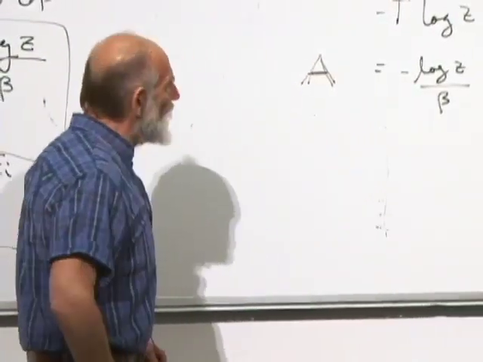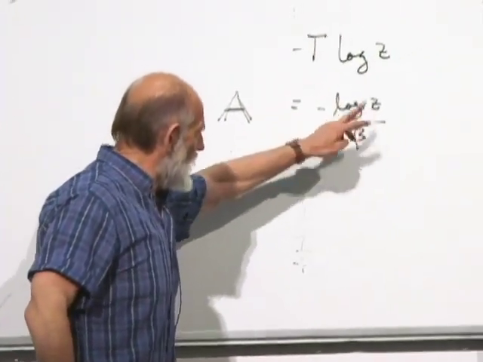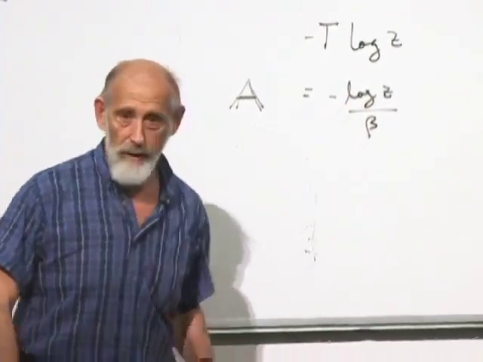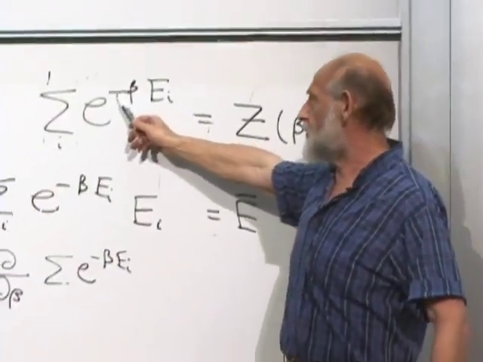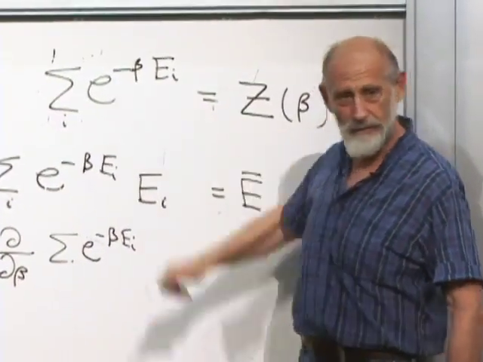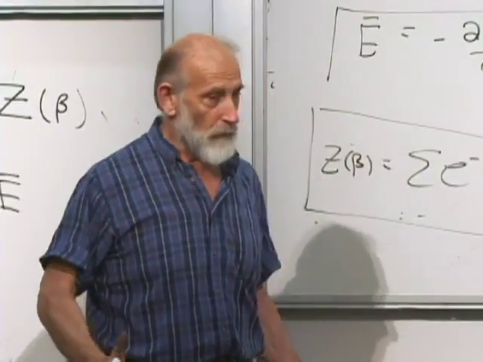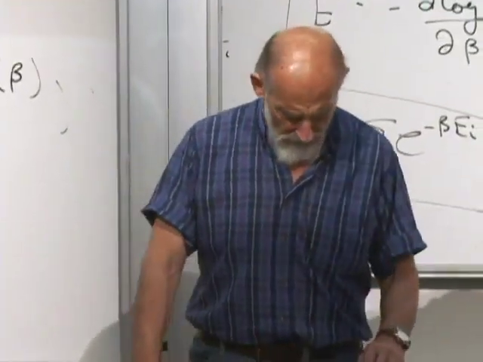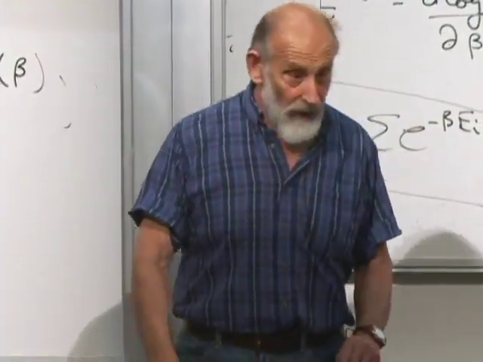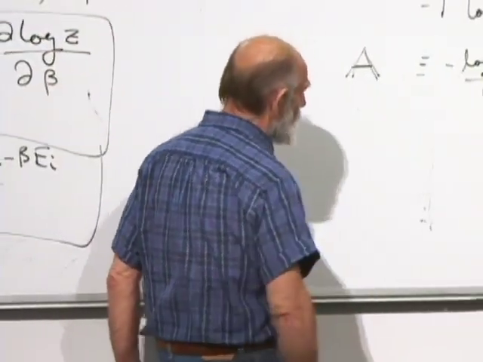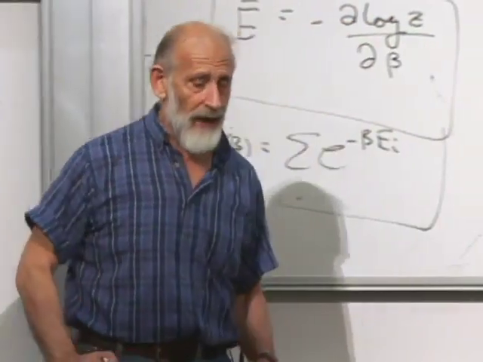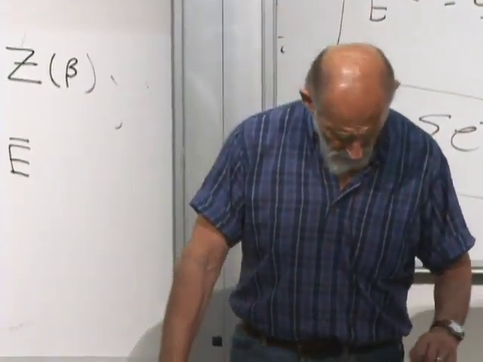It has units of energy, and it's just minus the logarithm of Z divided by beta. Why minus the logarithm? Because the exponential here carries a minus with it, so it's natural to put a minus in front of it. All right, so that's a definition. There's no proof of that. That's the definition of A, the Helmholtz free energy.